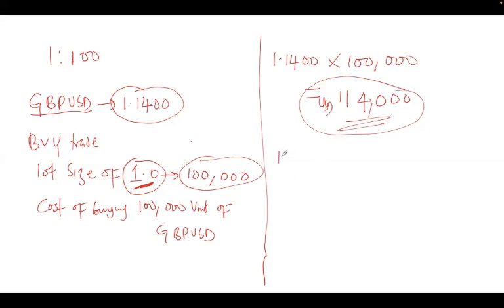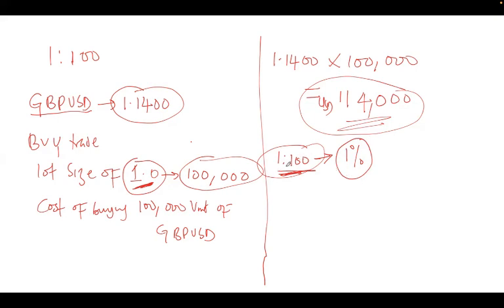Now, let's assume you used 1:100 leverage. In this leverage, you are to bring 1% of whatever amount the trade is.